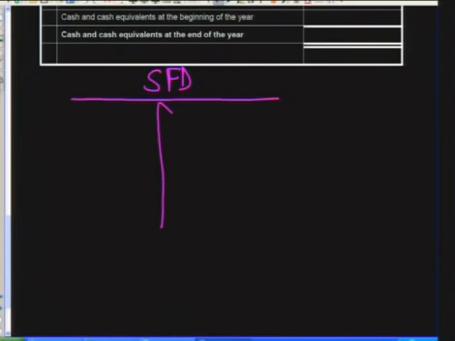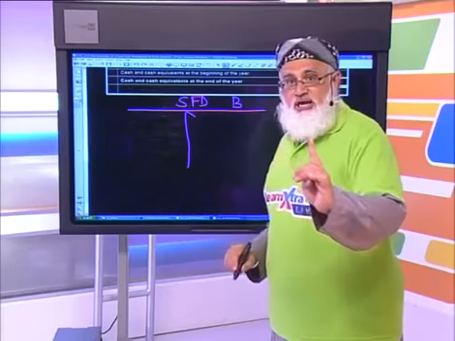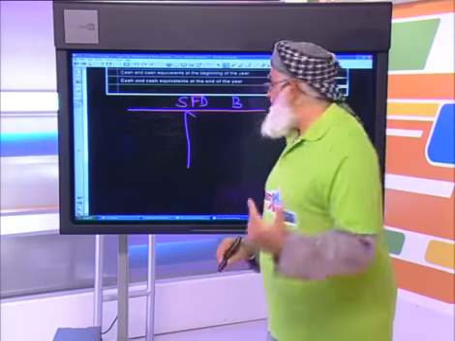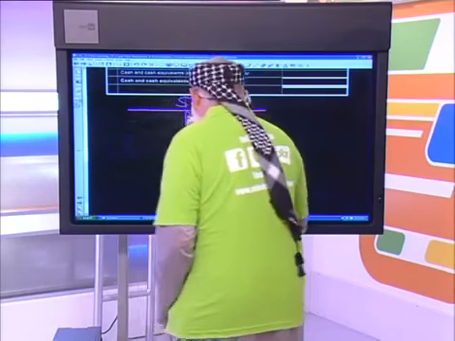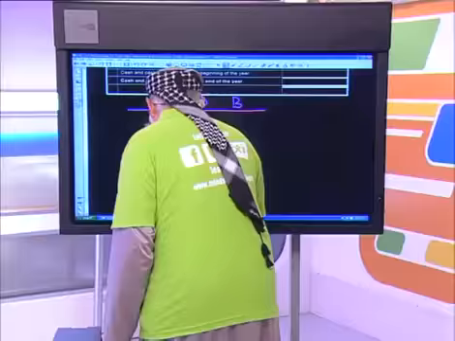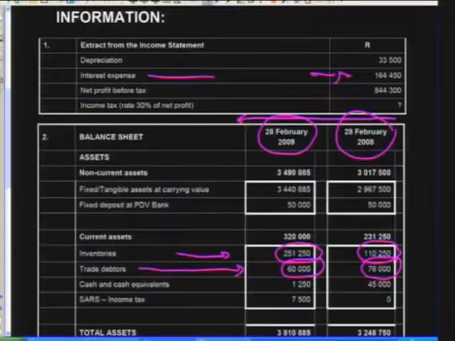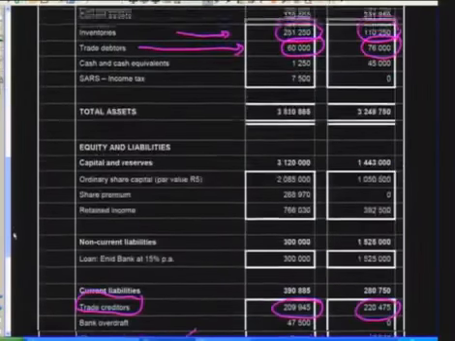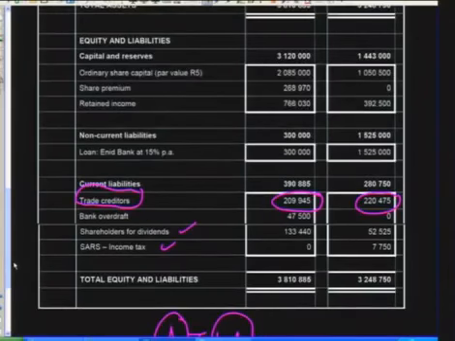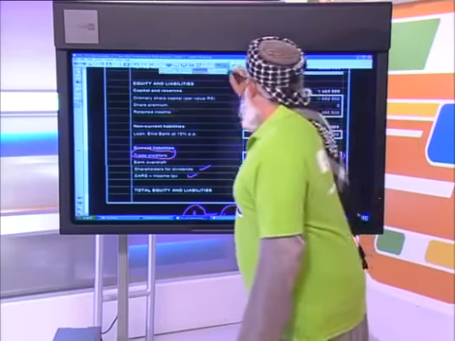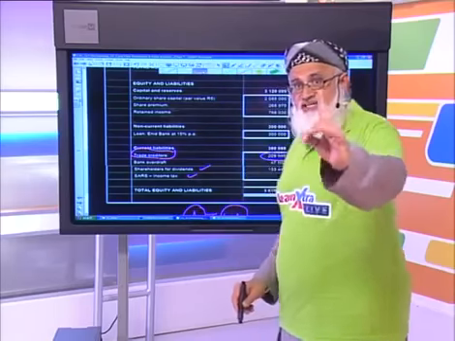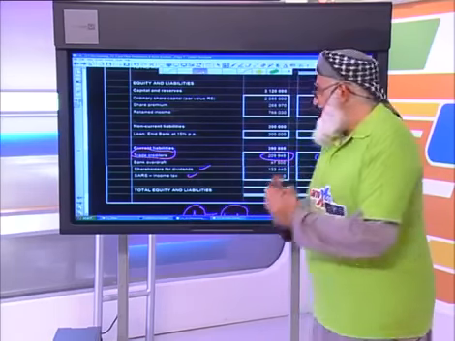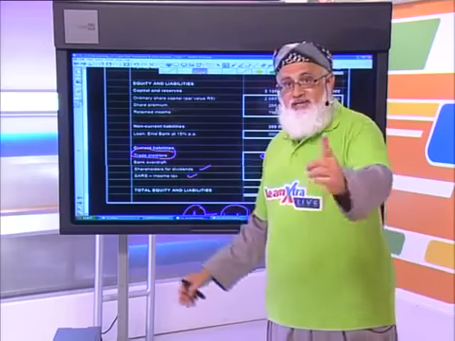Remember, that is your balance sheet account, and you are going to be given a balance for it. So let's find the balance. There it is. Watch my shareholders for dividends. What do I know? I know that for shareholders for dividends, it will always appear under my current liabilities.